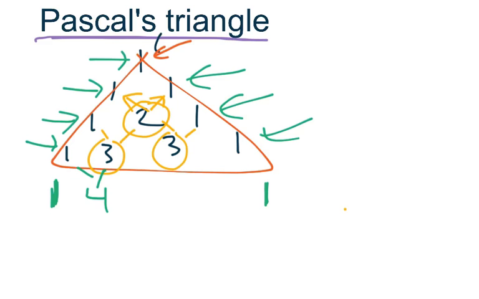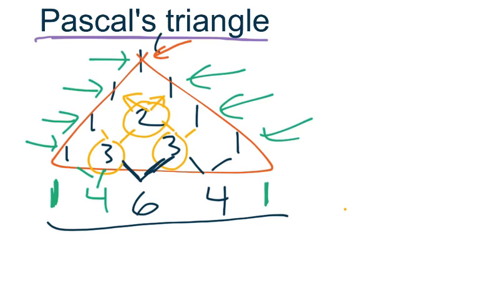We also notice that the 3 here and the 3 there together make 6. And then finally the 3 with the 1 there makes 4. And there is our next row. Now pause the video if you need to, guys.